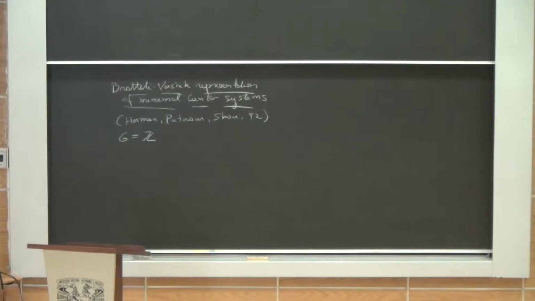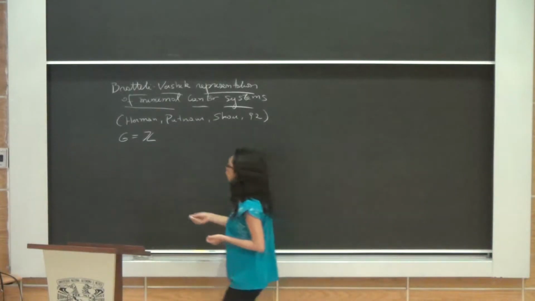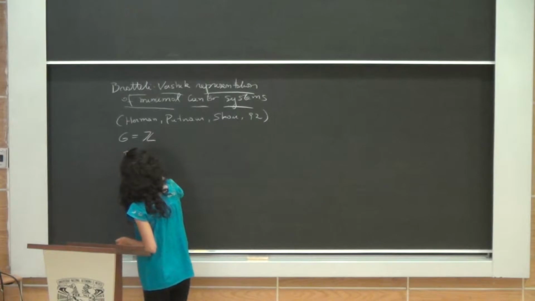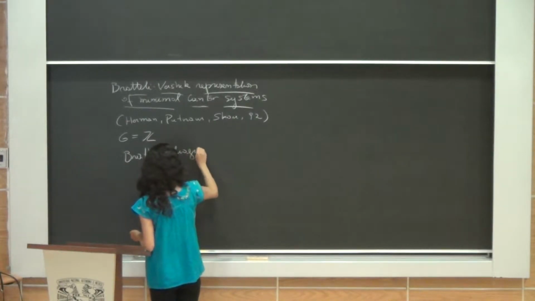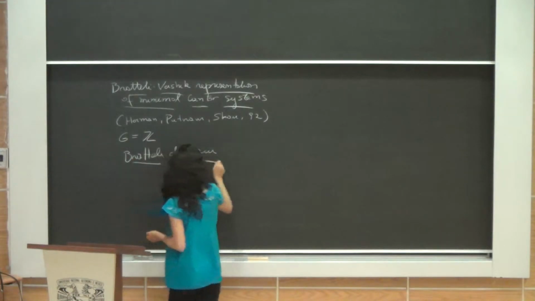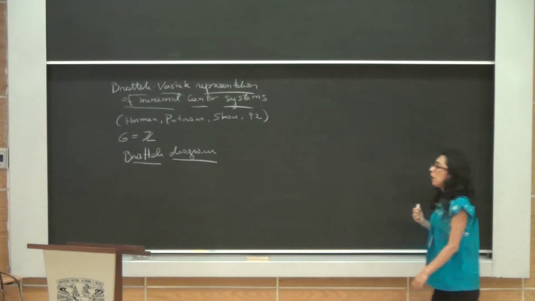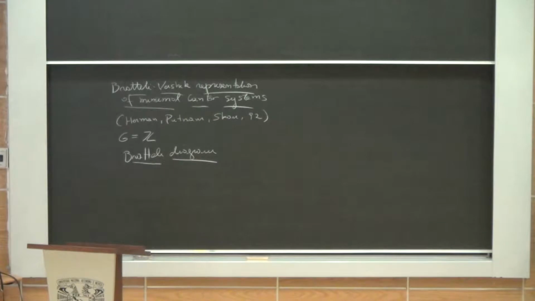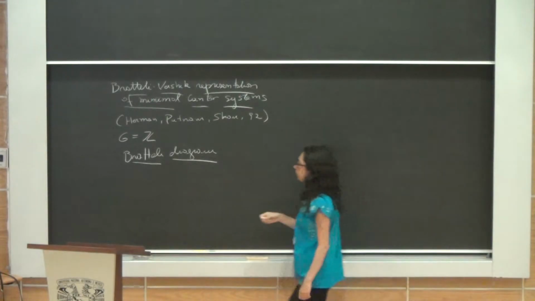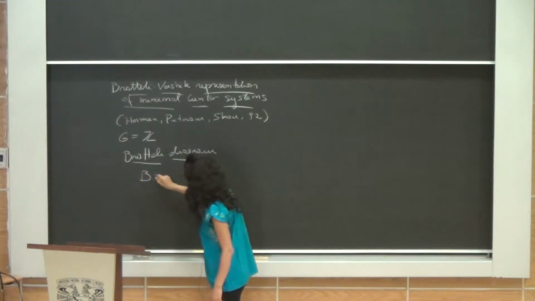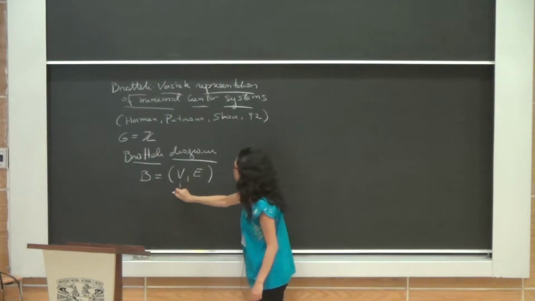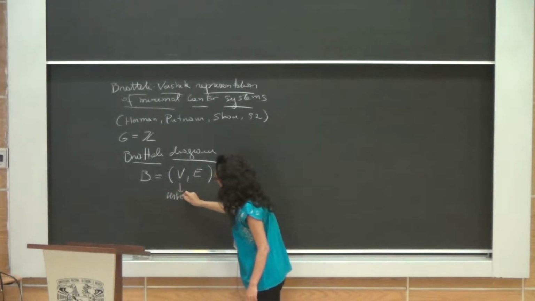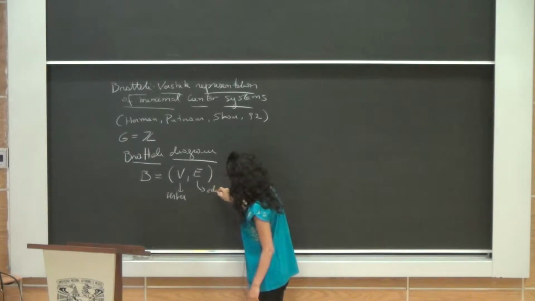First, I'm going to start by introducing the concept of Bratteli diagram. I'm going to recall this because it was introduced yesterday. What is a Bratteli diagram? This will be an infinite graph that I'm going to denote like this: V is the set of vertices, and E the edges.